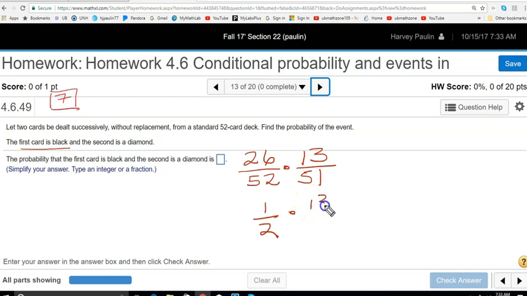This cannot be simplified. So, when we multiply this, we get 13 out of 102. And that would be our fraction for the probability of this event.